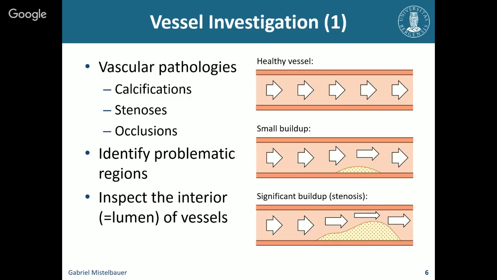These pathologies are often caused by the depositing of calcifications in blood vessels that build up to what is called a stenosis, which reduces the amount of blood that can flow through the vessel. Eventually it may even completely stop the flow of blood in the interior of the vessel, which is called the lumen, which is of course very problematic. And detecting these kinds of pathologies early is one important aspect of visualization of radiological data.